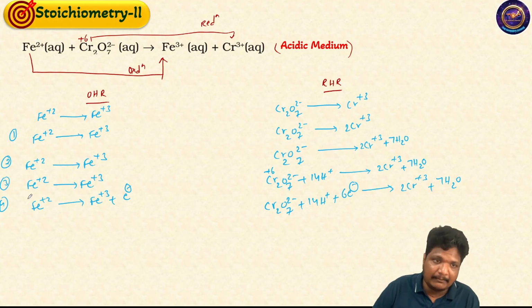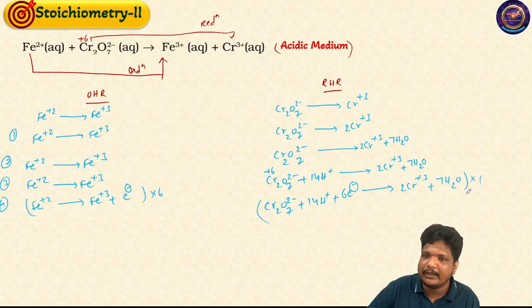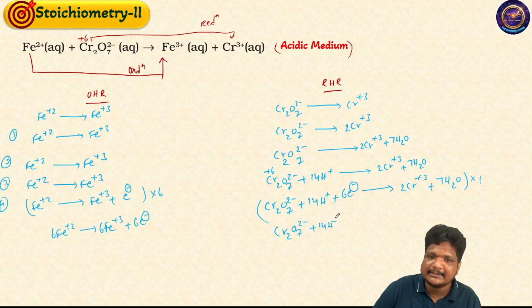So now I can multiply the oxidation half reaction by 6 and the reduction half reaction by 1. I will get 6Fe+2 gives rise to 6Fe+3 plus 6 electrons. And again I will write the same equation: Cr2O7 2- plus 14H+ plus 6 electrons gives rise to 2Cr+3 plus 7H2O.